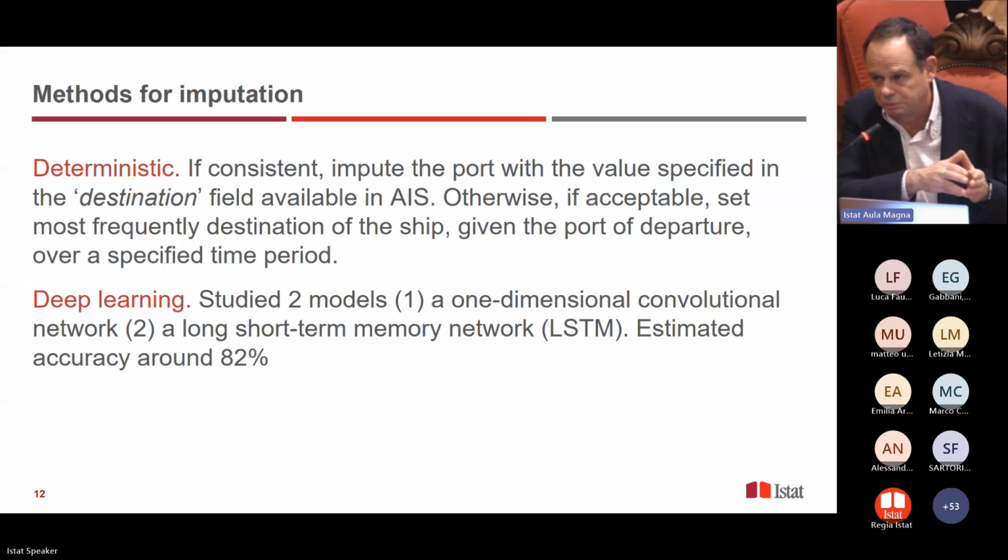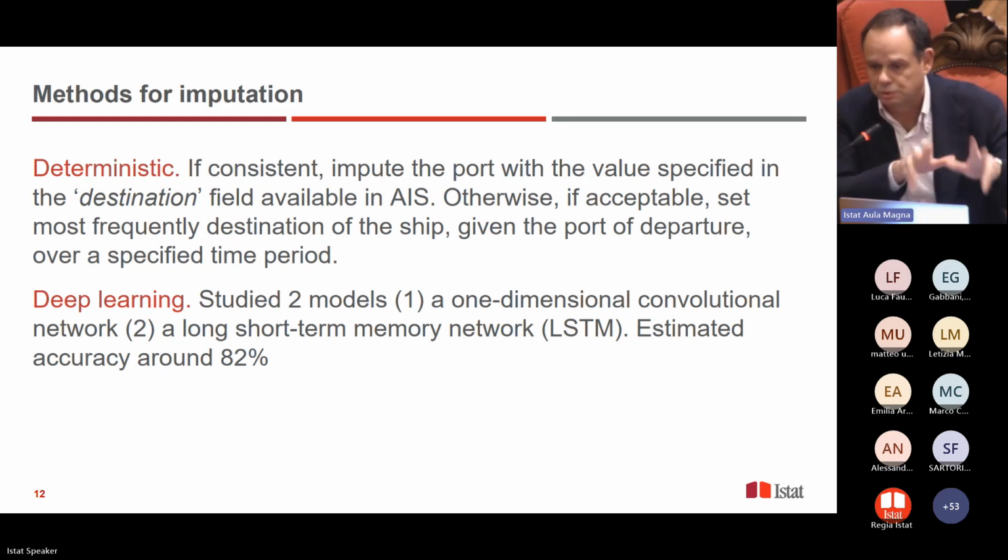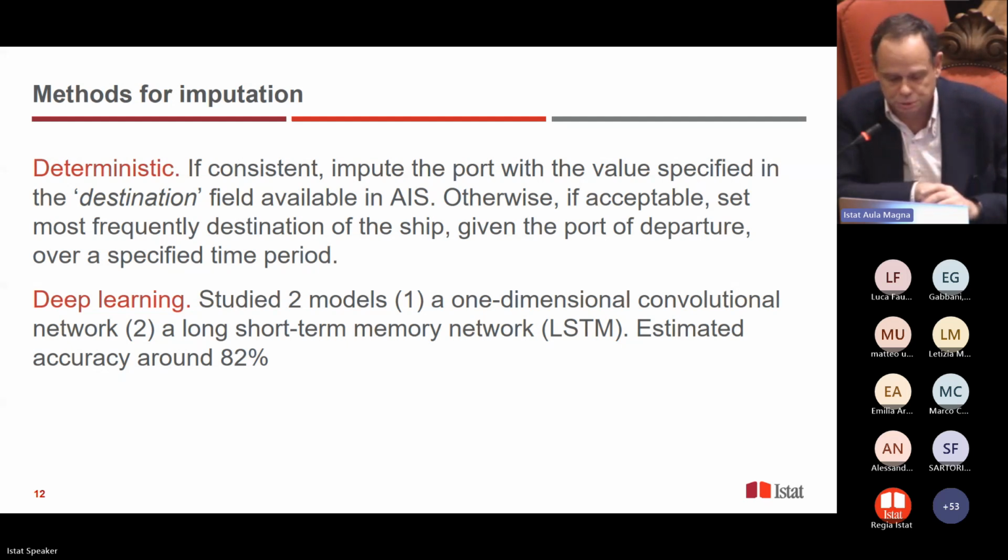We know that there are some mistakes in this, and we try to impute this destination field for these problematic routes, if it is consistent with the time and the location and whatever. Otherwise, we try to impute with the most frequent destination of the ship in that route. Of course, again, it must be consistent with the information we have.